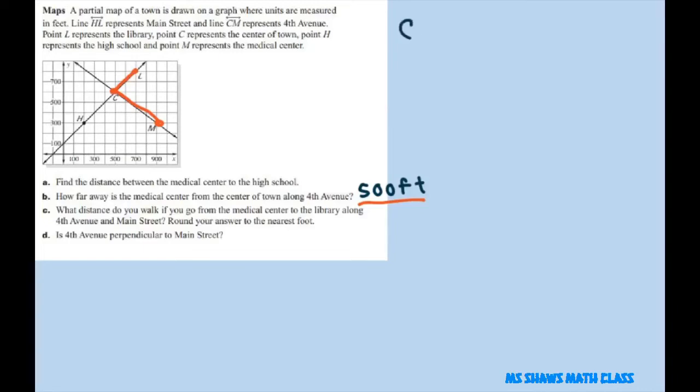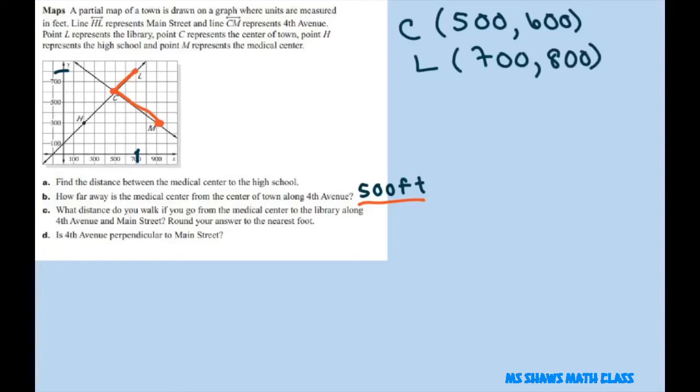So the center is 500, 600, and the library is 700, 800. And let's just call the library point 1, and the center of town point 2.